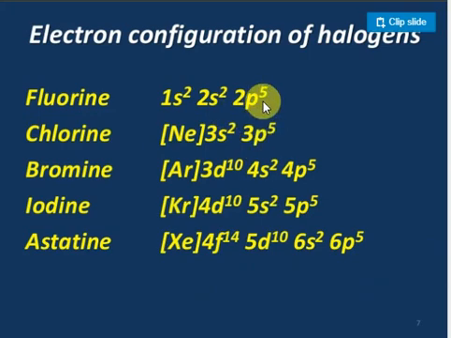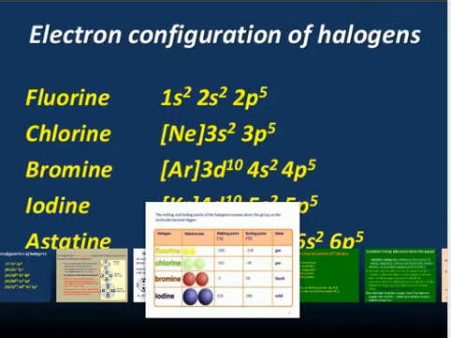Students, consider that here the d orbital is not available, and here the d orbital is available. Because of the available d orbital, fluorine is -1, chlorine is -1 to +7, and bromine is also -1 to +7. So they exhibit variable oxidation states. Chlorine, bromine, iodine and astatine exhibit variable oxidation states, but fluorine exhibits only a single oxidation state, -1.